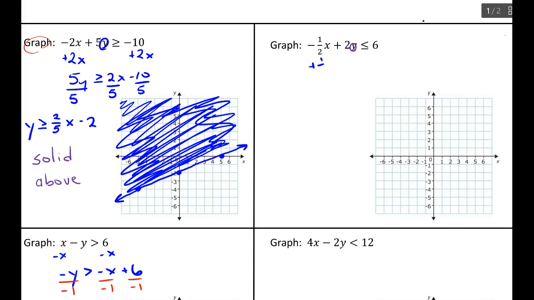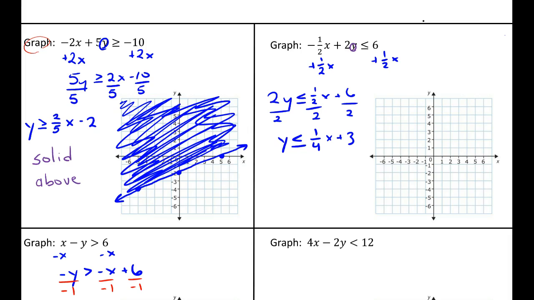So I'll add 1/2 x to both sides, giving me 2y is less than or equal to 1/2 x plus 6. And then we're going to divide everything through by 2. So y is less than or equal to 1/2 divided by 2, or half of a half, essentially, a quarter x. And 6 divided by 2 is 3.